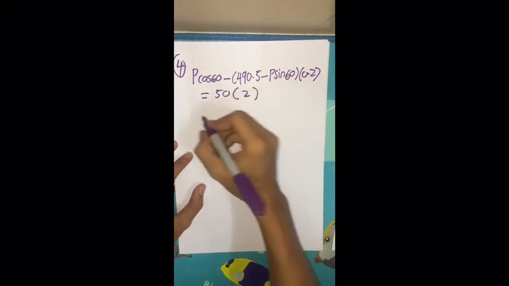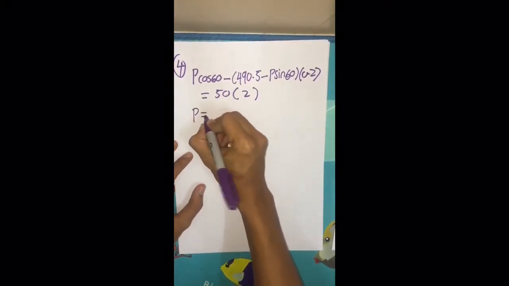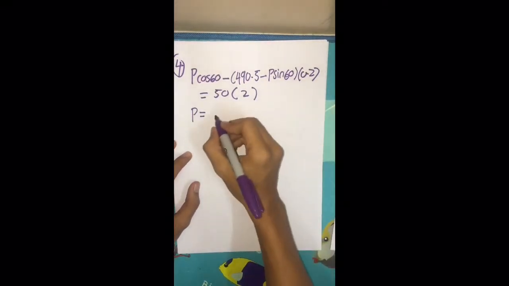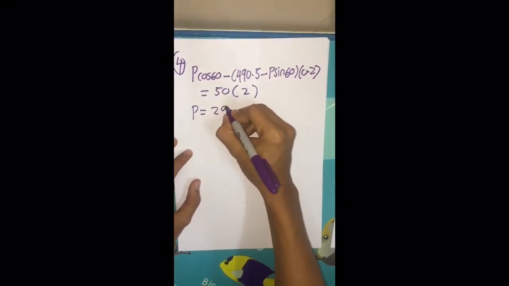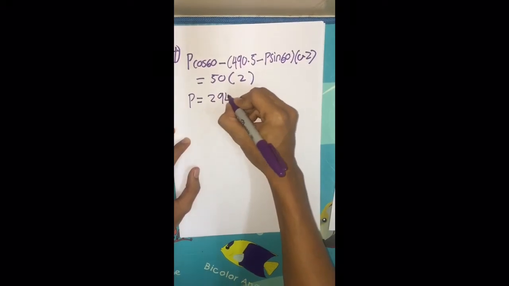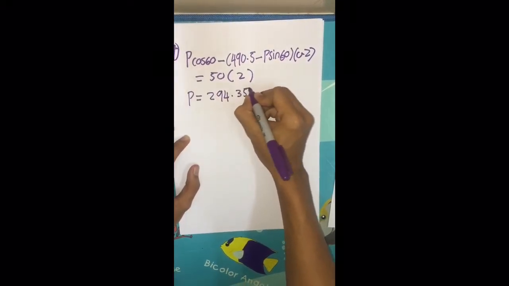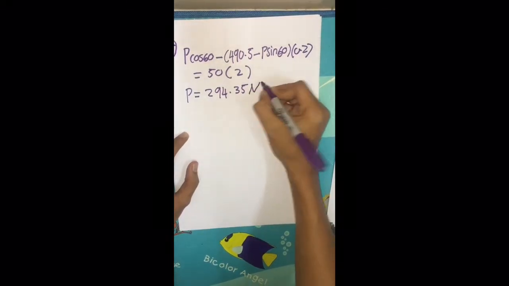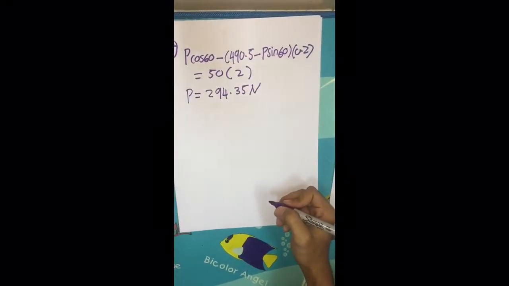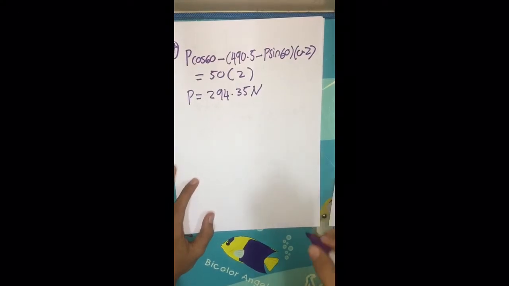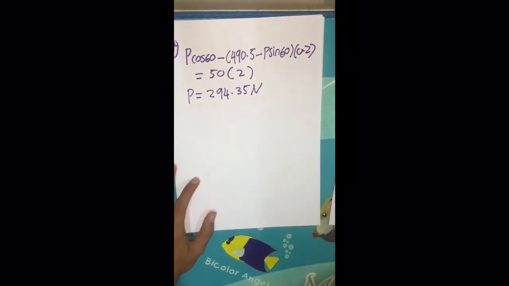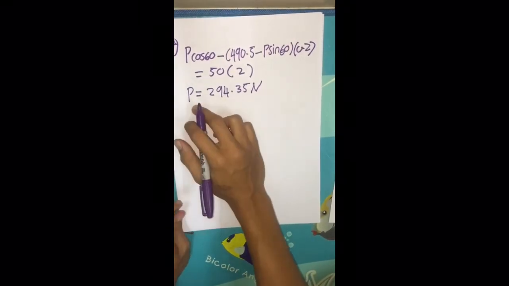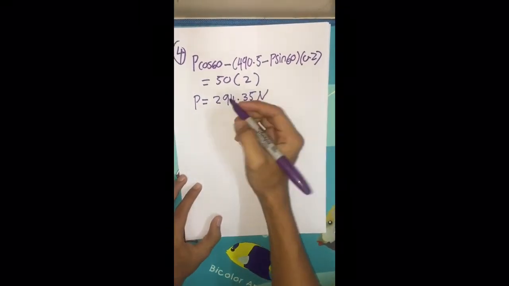So we will find P. The P is 294.35 Newton. So this is the answer for question A.